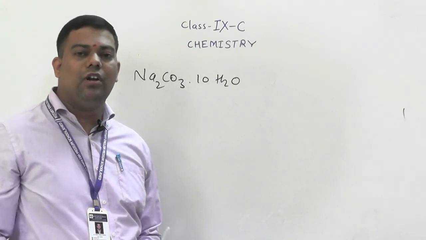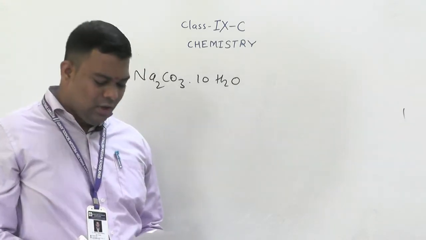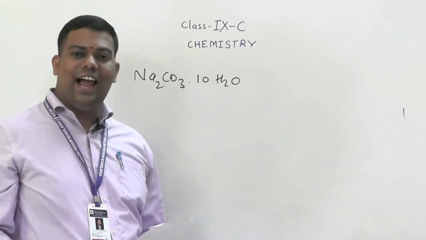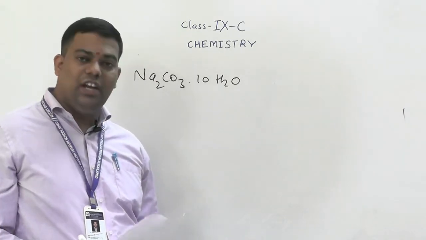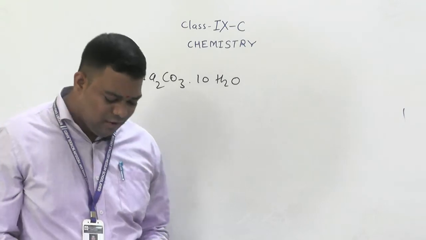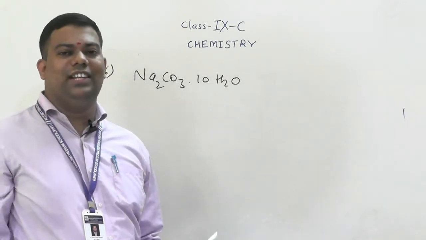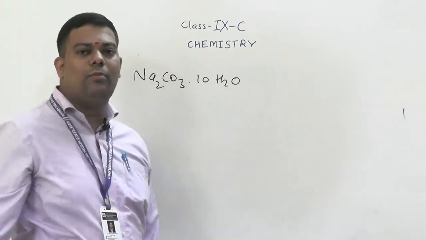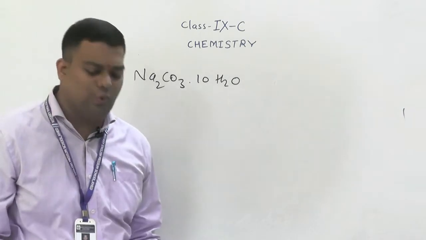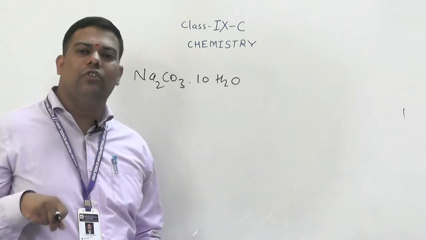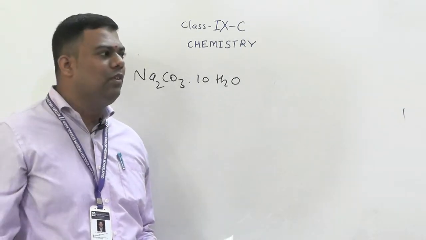So calculate the number of grams of oxygen in 0.1 mole of Na2CO3·10H2O, the complete formula of your washing soda.